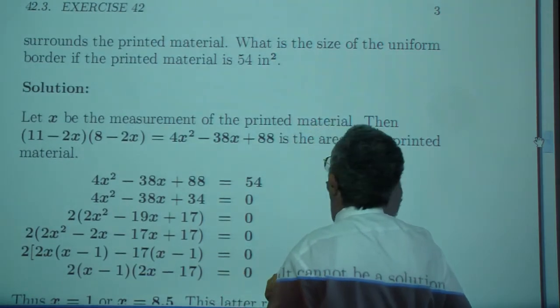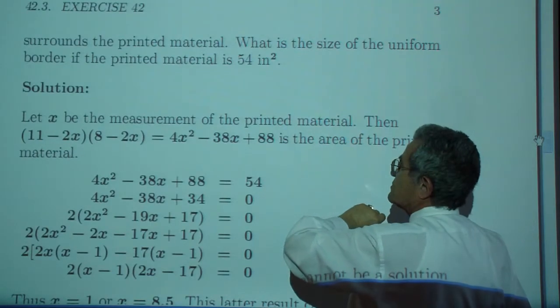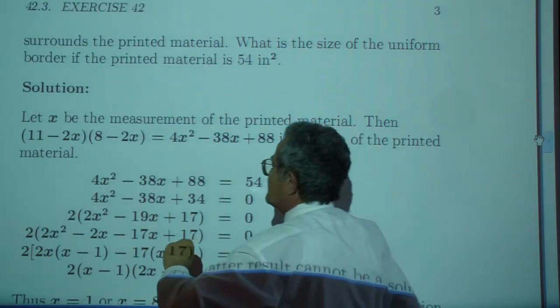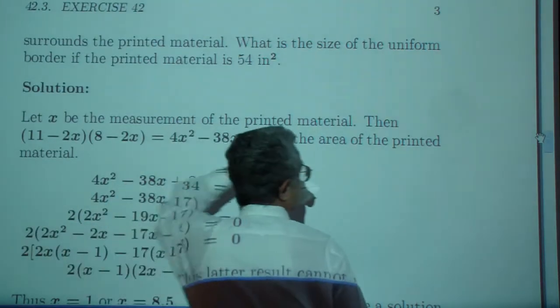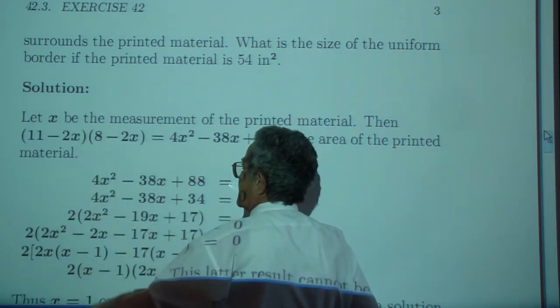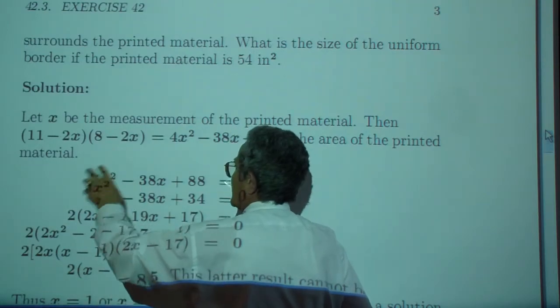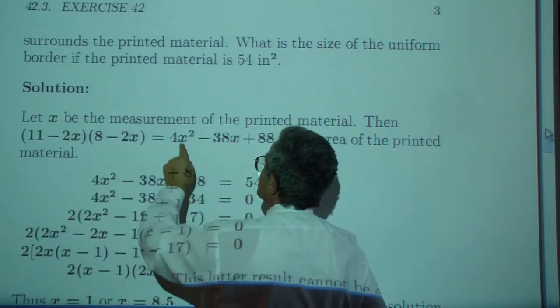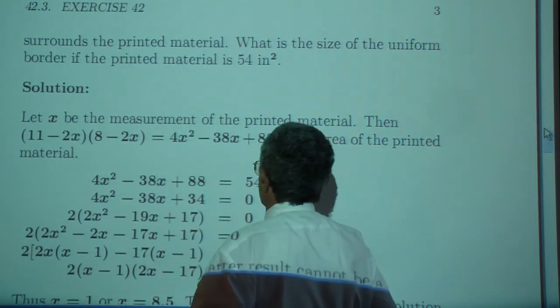So let x be the measurement of the border. Then 11 minus 2x, you have x on one side, x on the other side, a border here, a border over there. So the measurement is 11 minus 2x, or 8 minus 2x, which becomes 4x squared minus 38x plus 88.